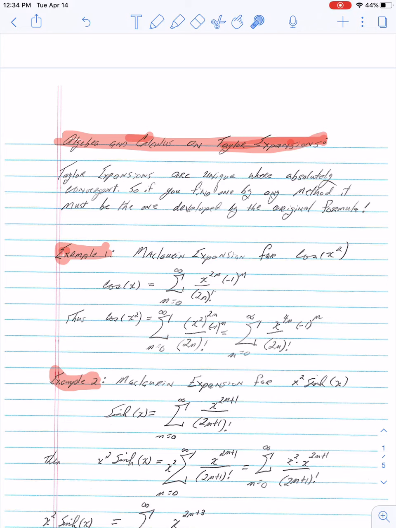I have just computed the Maclaurin expansion for cosine x squared without using the definition. How do I know that it is the Maclaurin expansion? Because Taylor expansions are unique. All right. So I can use an expansion I already know to get expansions I don't know just by doing a little algebra or even a little calculus.